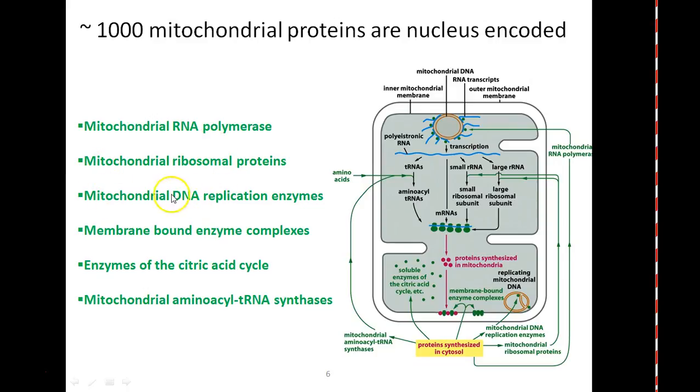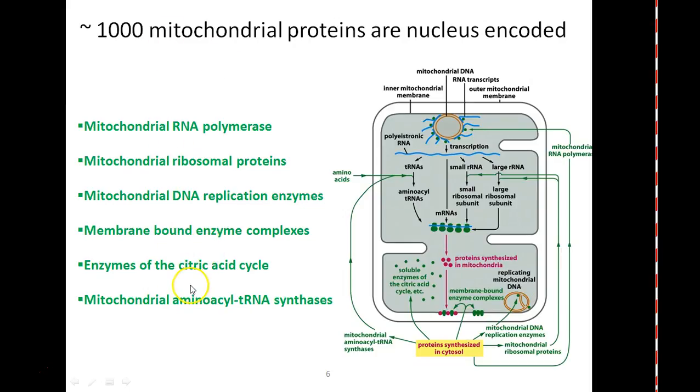They also need a DNA polymerase in order to replicate this circular genome. And again, they don't encode for this protein. So this is a nuclear encoded protein that has to be imported into the mitochondria for the mitochondrial DNA replication.